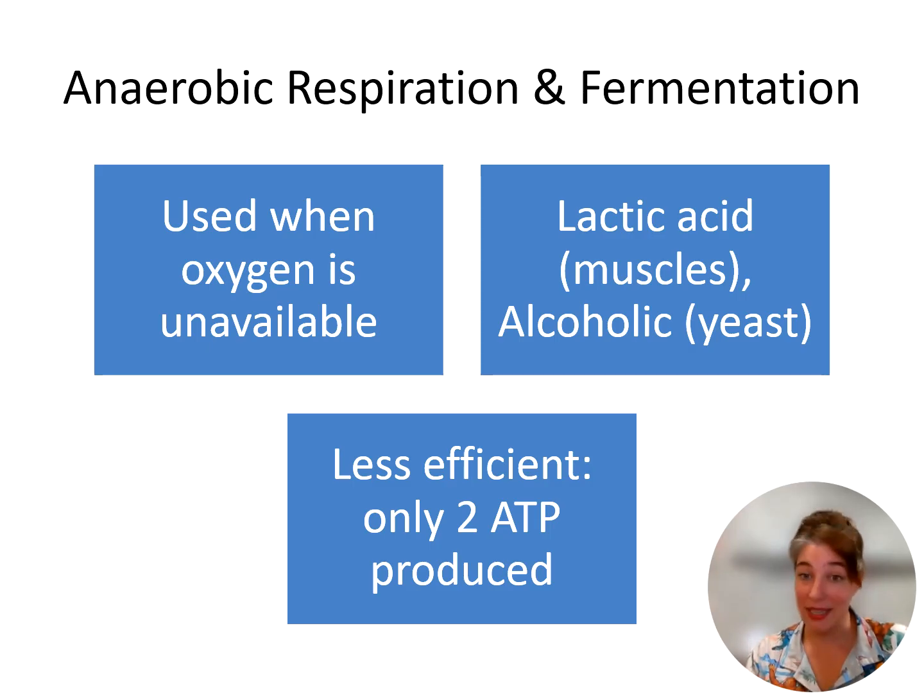So you're getting some energy, but you're also producing lactic acid. And unfortunately, in human muscle cells, that lactic acid builds up in your muscle and it causes a burning sensation. So the other fermentation method is the alcoholic fermentation. This is going to happen in yeast and some plants.